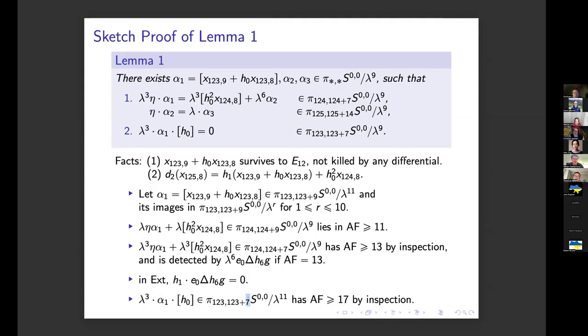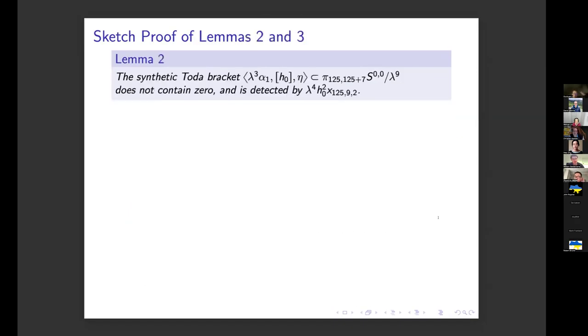So therefore, it must be a lambda to the 10th power multiple. And therefore, when I project to lambda to the power of 10 or lambda to the power of 9, this expression becomes 0. And that's why this 9 here is very critical. So that's the proof of lemma 1.